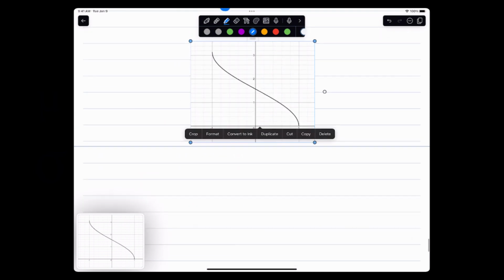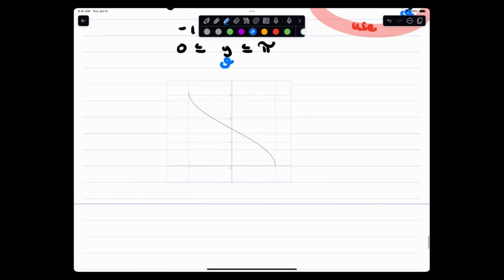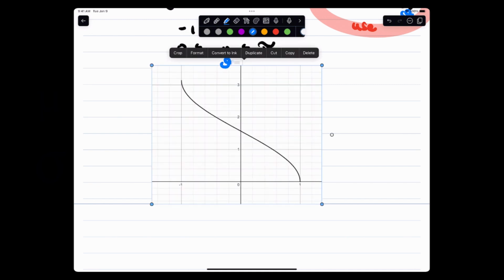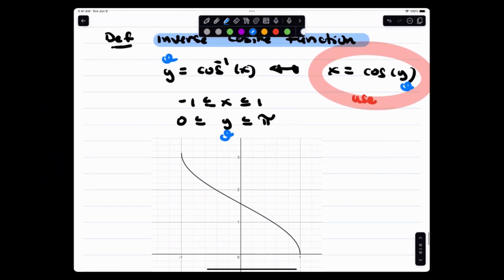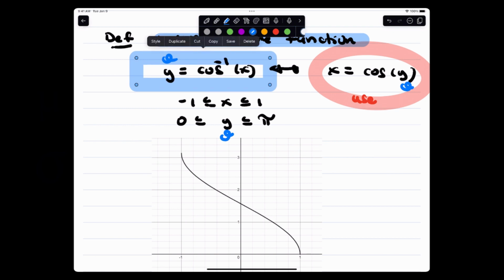And I'll even do this for you guys, just so you know. What are we even talking about? You go, what are you talking about, Mr. Judge? If you were to graph this function here, that's the graph of inverse cosine. Does anybody happen to even know where it comes from?